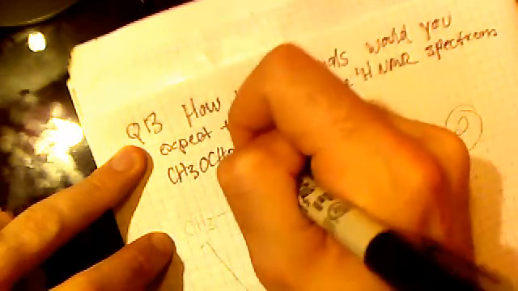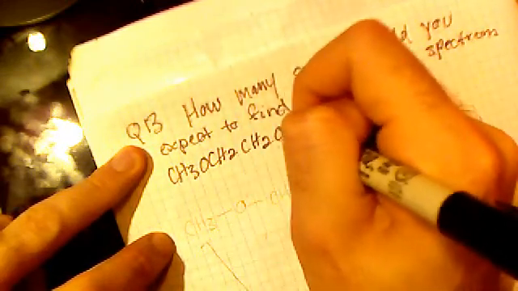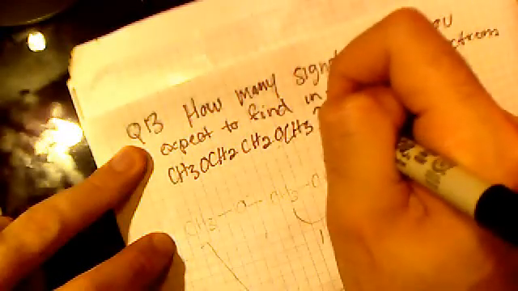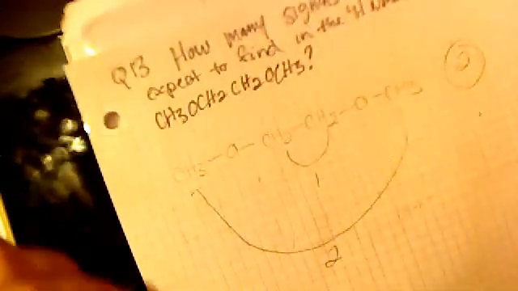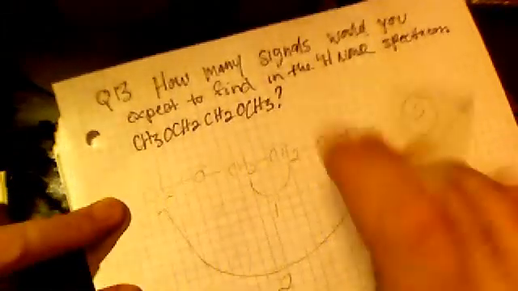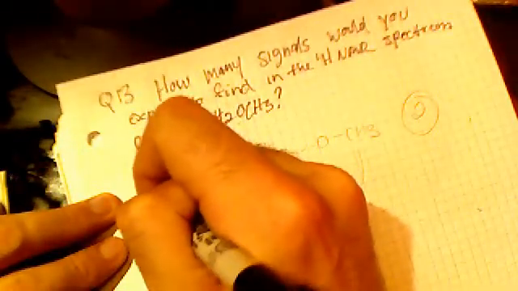Okay, right. Of the molecule CH3OCH2CH2OCH3. Right? What's going on here? Alright, so I just kind of wrote it out in expanded form.